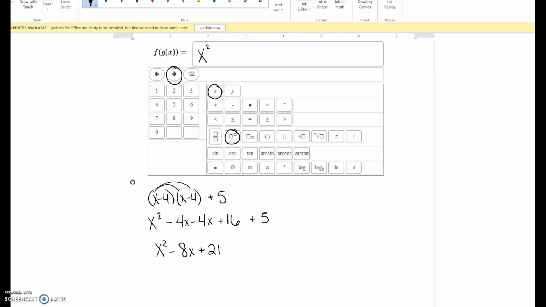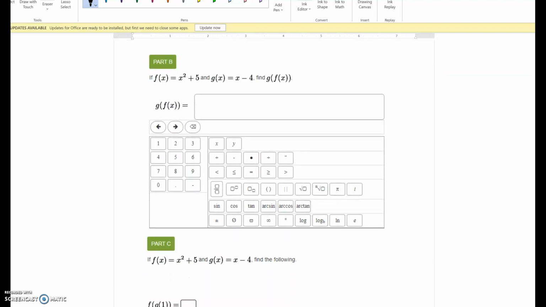And then you would type in minus 8. You can hit the button, or you can type it in your computer, and then x plus 21. And for the numbers, you can type it in your keyboard, or you can click the buttons on the math calculator, whichever floats your boat.